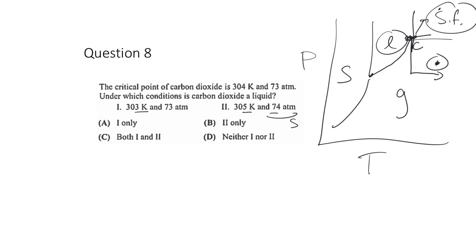So statement 2 here is a supercritical fluid. Condition 1 is just we're still in the ordinary liquid phase, because again, we're right below the critical pressure, we go into the liquid phase.